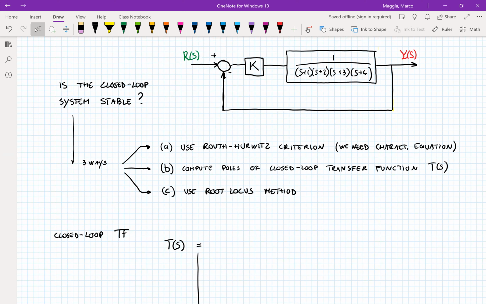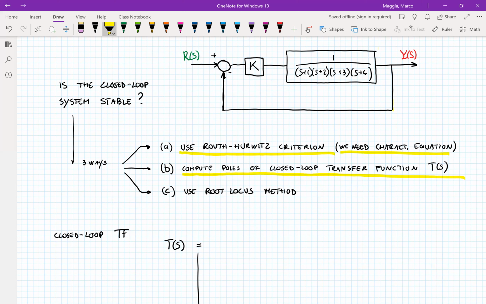So we have a few ways to find the stability of the closed loop system. Well, we can use what we've just developed, that is the Routh-Hurwitz criterion, and in order to do that, we need to work on the characteristic equation, and that's what we're going to do now. Or you can use brute force and compute the poles of the closed loop transfer function. But again, here we have 4 of them, and doing it by hand is very inconvenient.